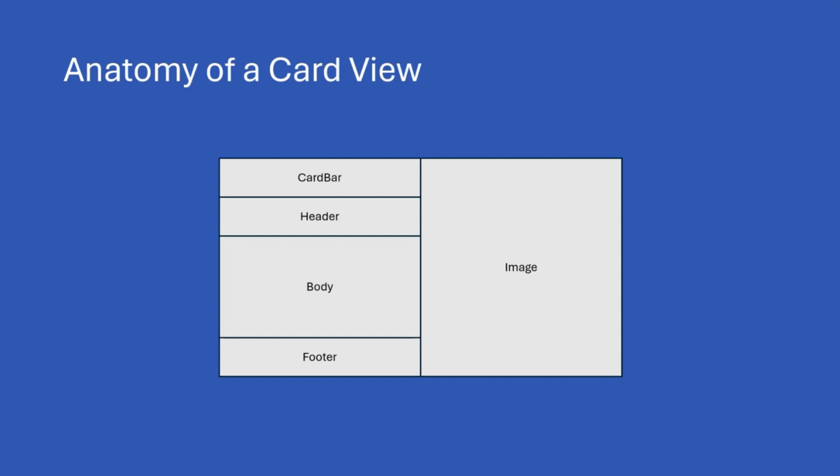You have a footer. In the footer, you can have command buttons, or a text box with a button to submit some content. And you can also have, optionally, an image on the right side of the card view if you use the large layout instead of the medium layout for your card views.